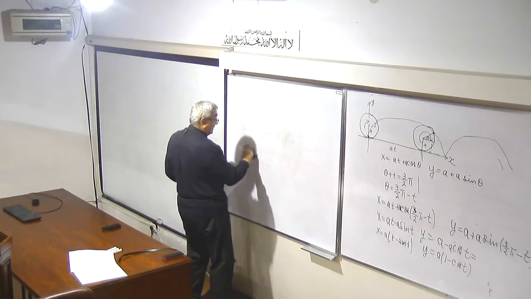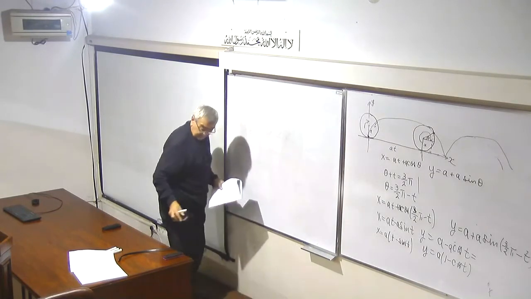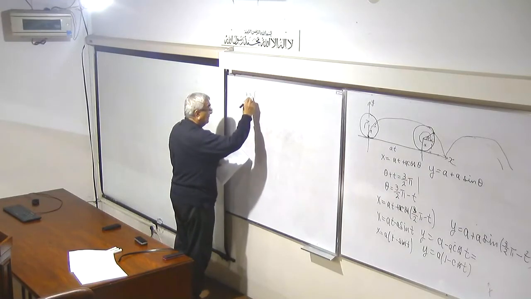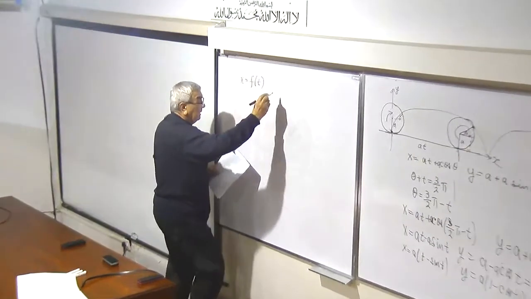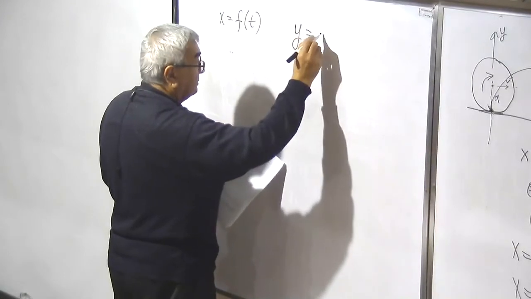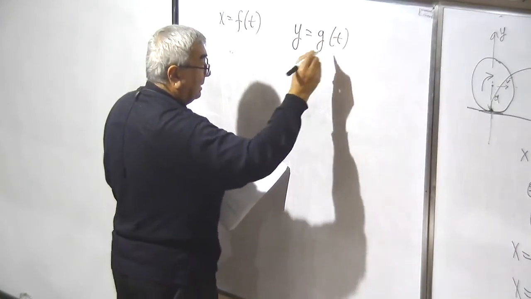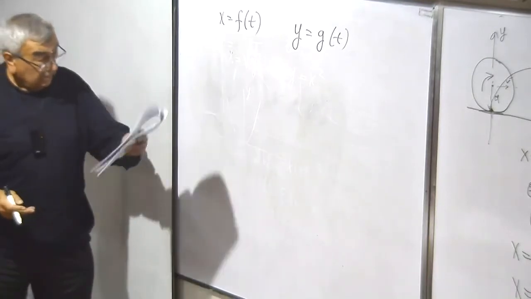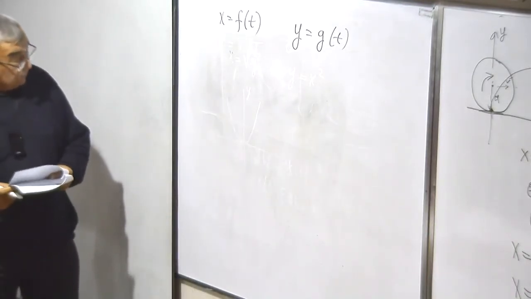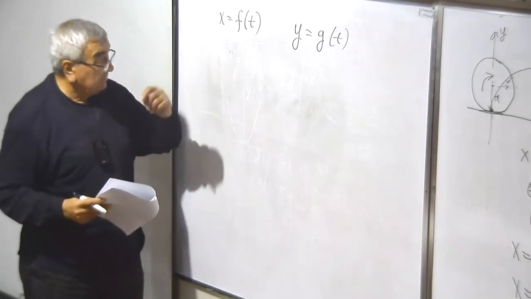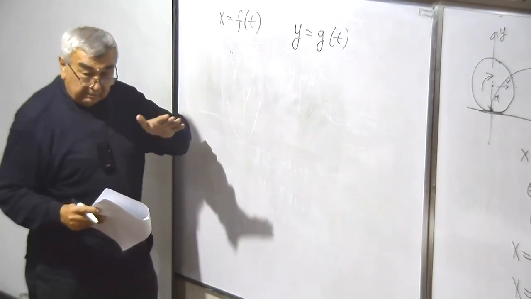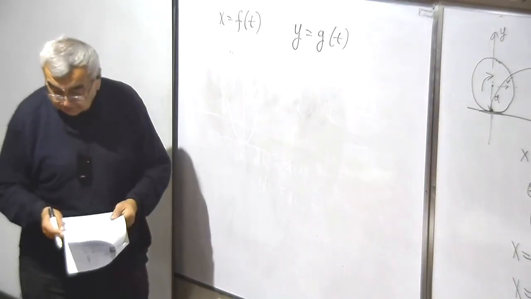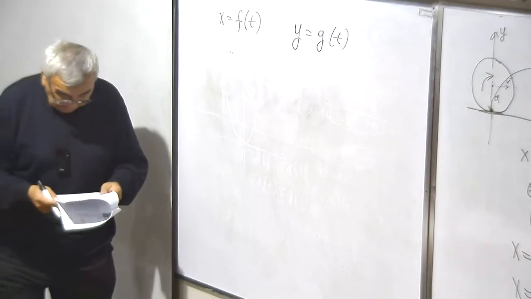I will decide that here x should be equal to f(t) and y should be equal to g(t). That means only two quantities, which define coordinates in the plane, and here the t is a parameter. It's possible to consider it as time.